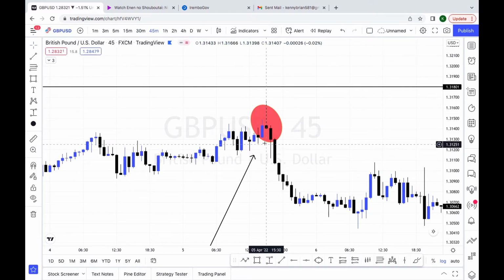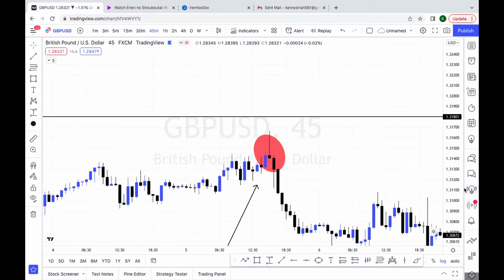So a bullish candle, then a small bearish candle, and then it was engulfed. So this would have been a bearish engulfing candle on the hourly, and then it would have been an evening star on the 45 minutes, and it would have also been a shooting star on the 45 minutes. Those are good confirmations, and then for sure you can take that sell, right?